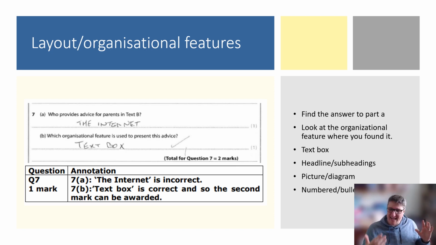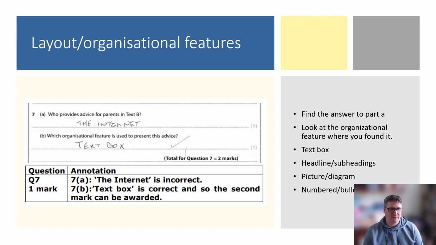When you look at any text, it's got organizational features. When we're talking about organizational features, ignore paragraphs because they're just expected. So in this case, the answer is not internet, but the answer text box is correct. It was found in the text box.